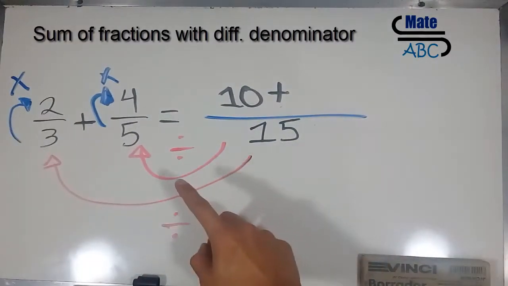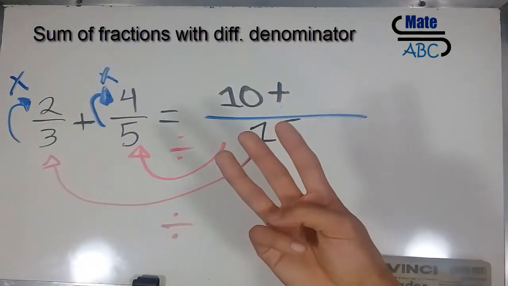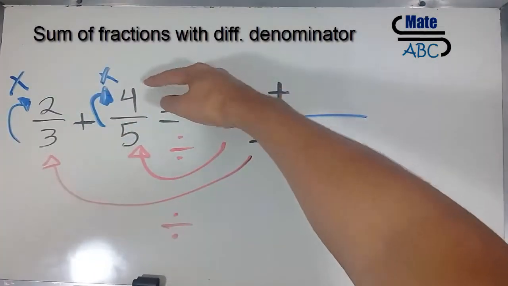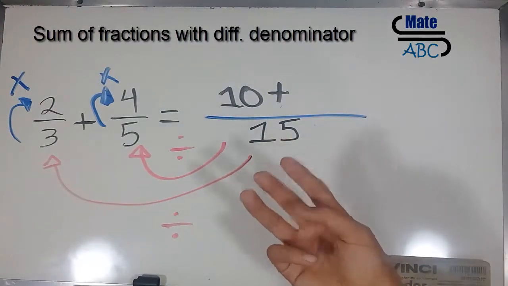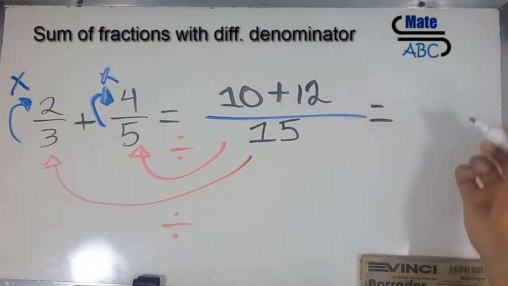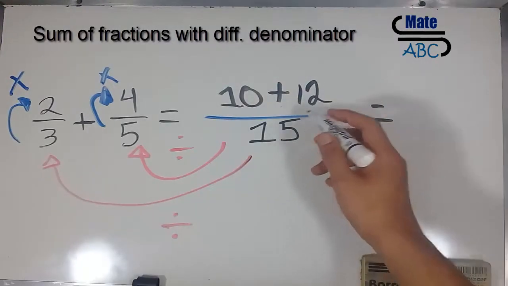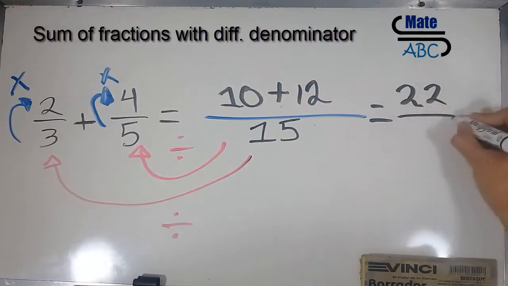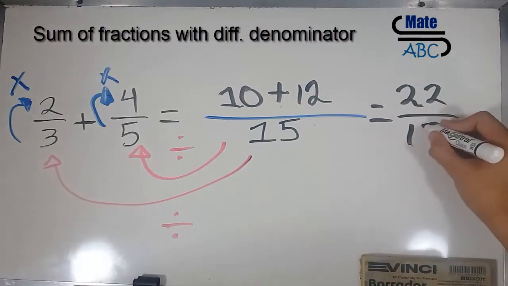And then we need to multiply by the numerator, in this case is 4. So 3 times 4, 12. And 10 plus 12 is 22 over 15.